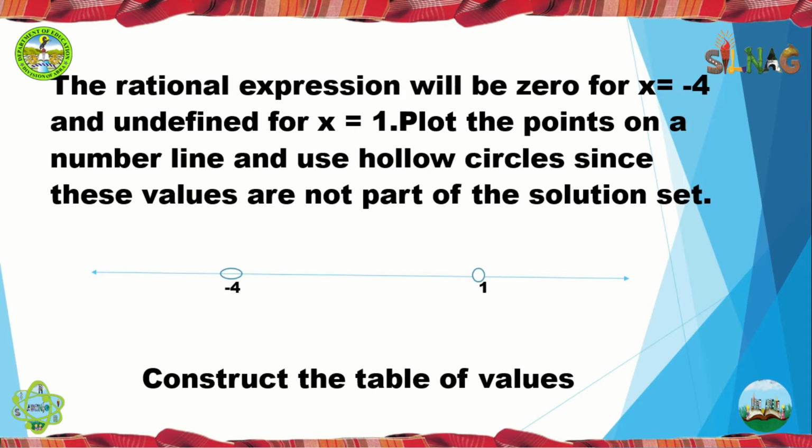The rational expression will be 0 for x is equal to negative 4 and undefined for x is equal to 1. Now let us plot the points on a number line, and we will use hollow circles for negative 4 and 1 since these values are not part of the solution set.